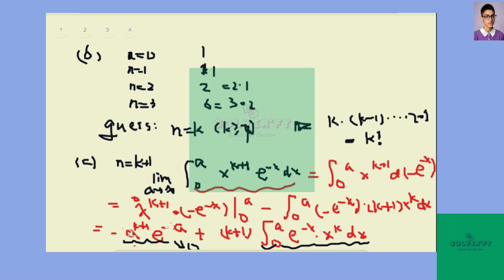Here we can also use L'Hopital's rule to prove this is 0. So the result is (k plus 1) factorial by induction. So our guess is true. We have proved our guess.